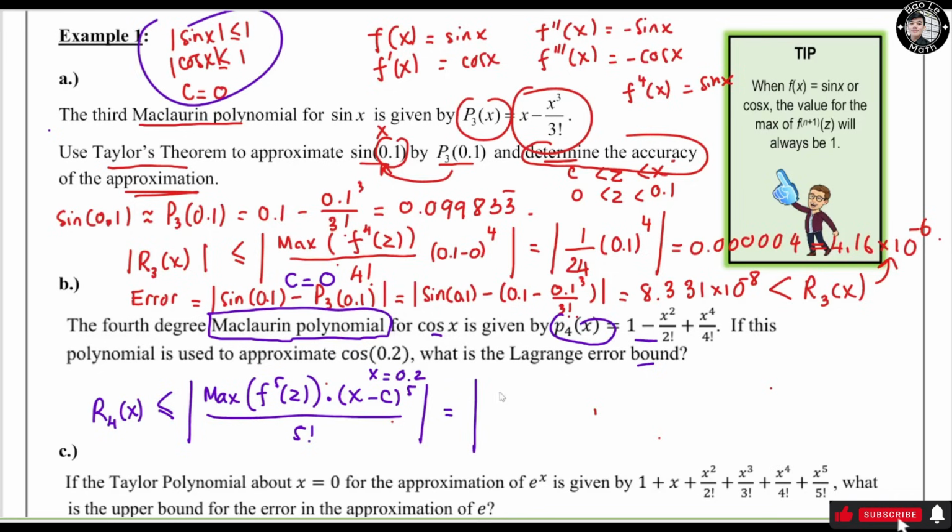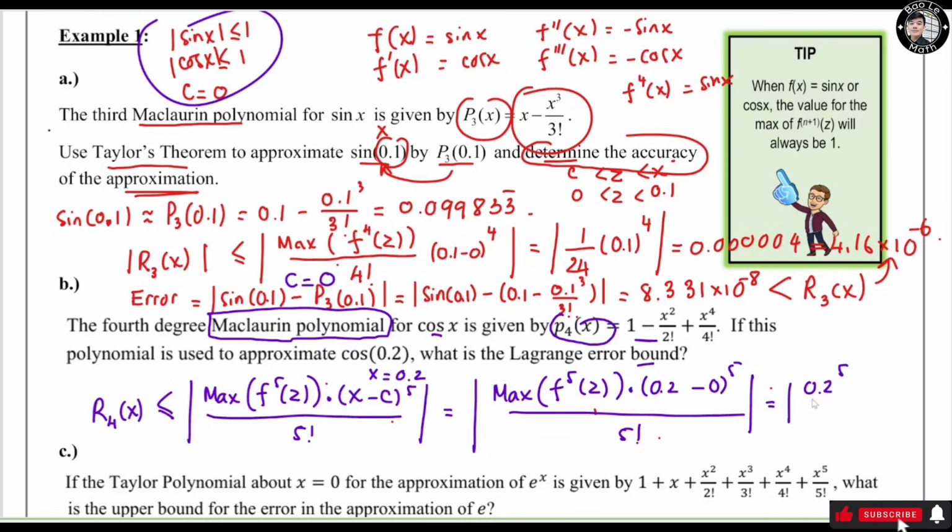It's the absolute value of the maximum of the fifth derivative of z times s, which equals 0.2, subtract c, which is 0, to the power 5 over 5 factorial. Now the maximum right here equals 1, so we have the absolute value of 0.2 to the fifth over 120.